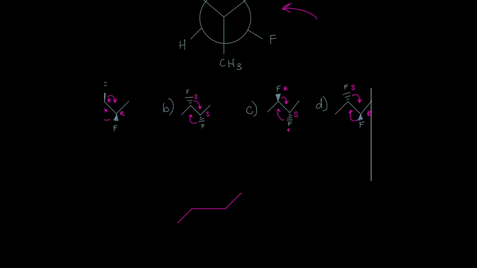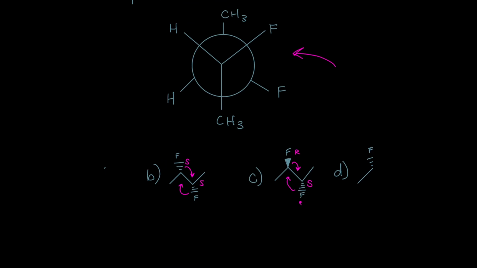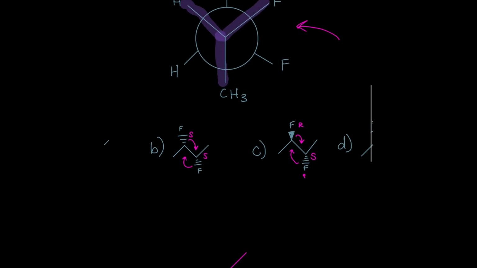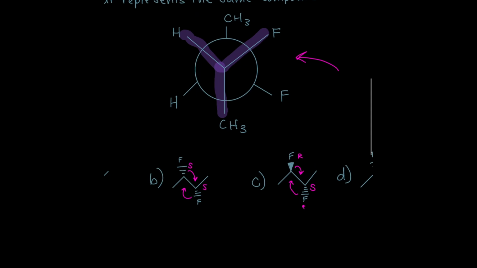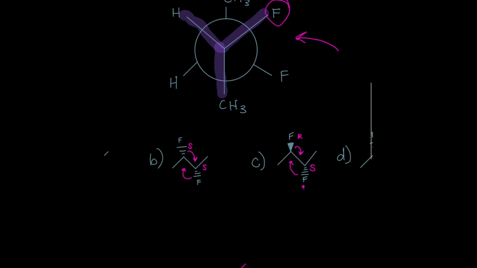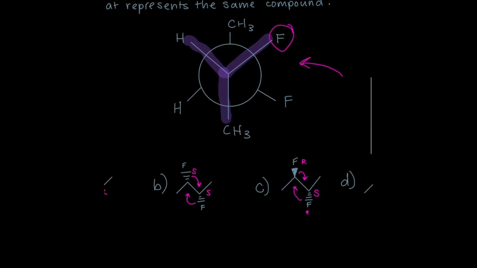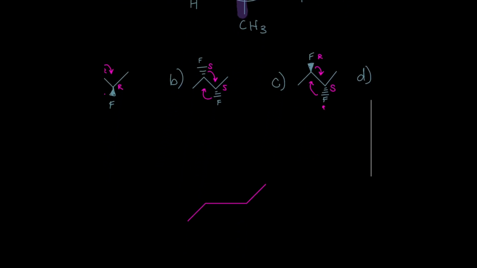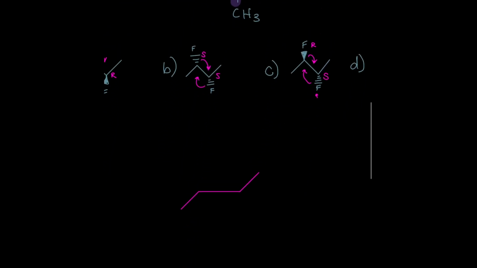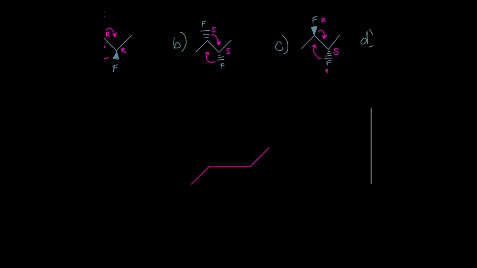So then on your right side for this front carbon, this is the one we're looking at. The one that's on the right is going to be our wedge. So we're looking at the left one over here, right? Because this is the front carbon.